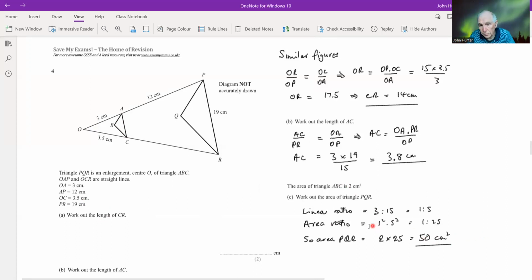Now, this is worth noting. The area ratio is the squares of the linear ratio. If it was a 3D problem, by the way, and we had corresponding volumes to think about, then they'd be in the ratio of 1 cubed to 5 cubed.